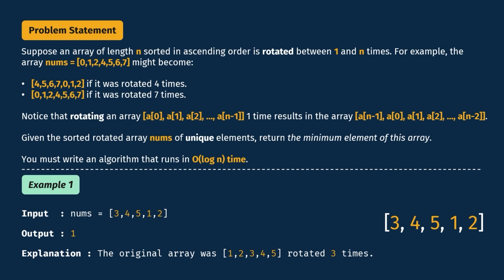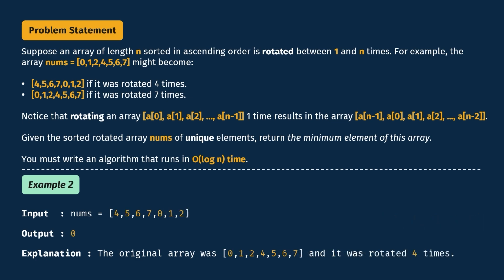Now here is our second example. Nums is an array containing the elements 4, 5, 6, 7, 0, 1, 2. And the output is 0. Let's see why. The original array was 0, 1, 2, 4, 5, 6, 7, and it was rotated 4 times.